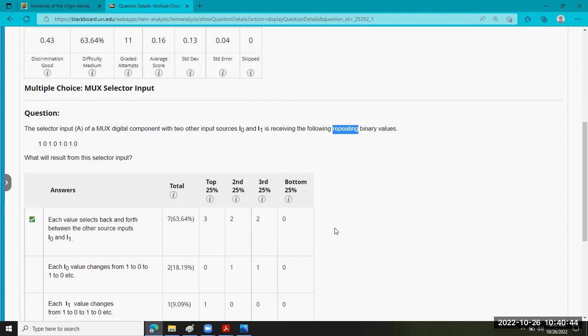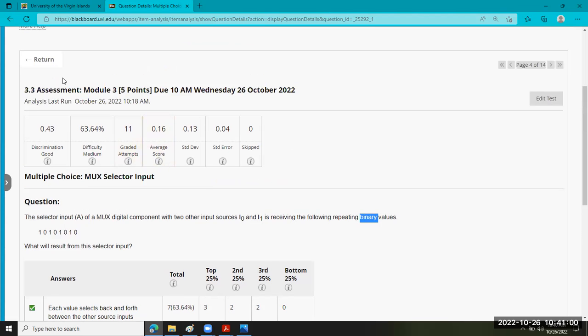Does everybody understand that? Yeah. Binary, right? It's not a hex value where we have 16 different values, 0 through F. It's binary, so it's only 1 or only 0. And we'll clarify for this question a little differently. Does anyone have any questions about this item?